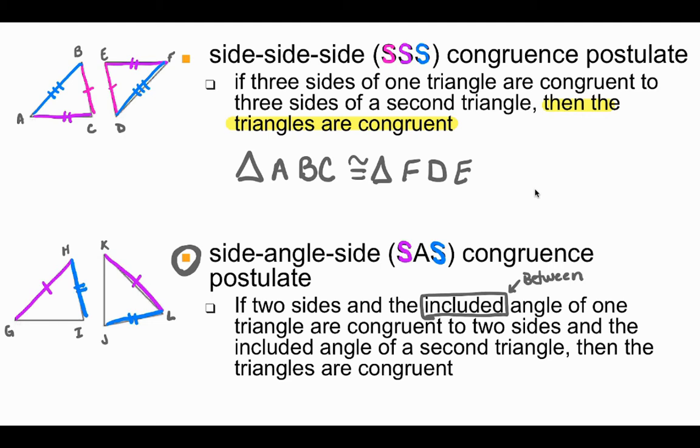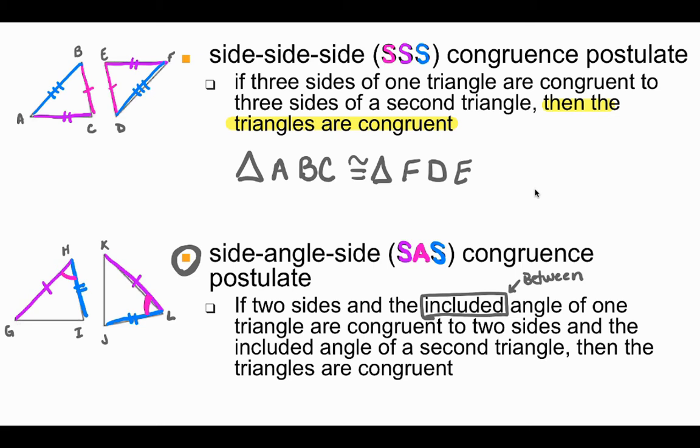And the angle that has to be identified as congruent has to be the angle that is between them. Sorry, the angle that is created between our sets of corresponding sides.